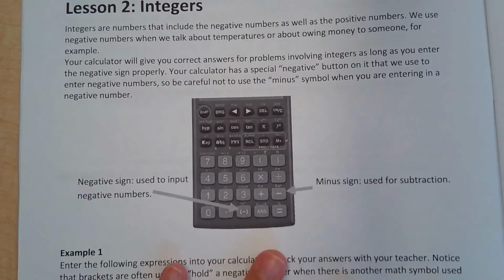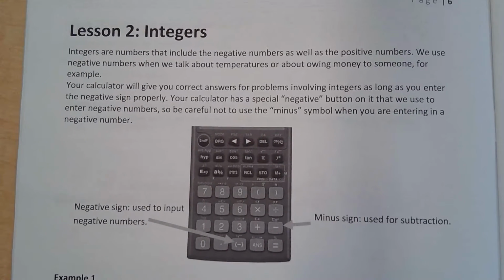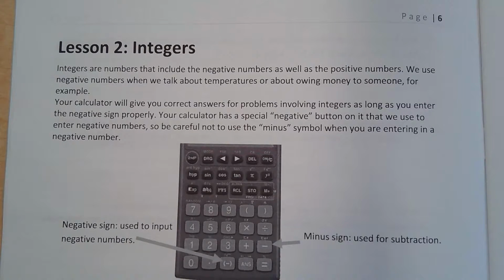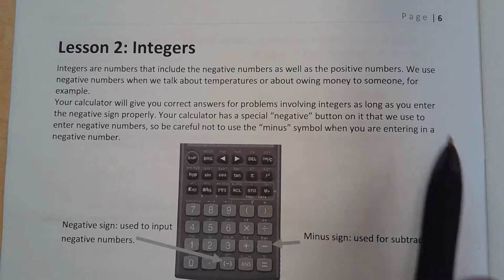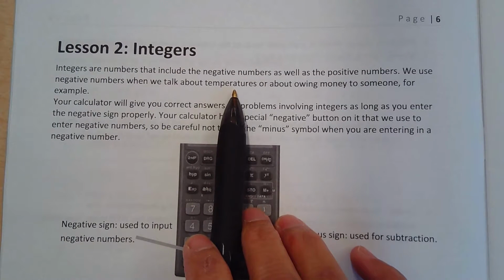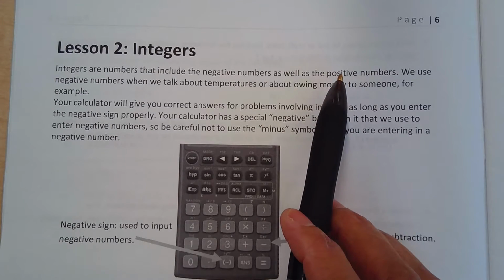Getting back to our booklet on page 6. It says here, integers are numbers that include negative numbers as well as positive numbers. So we talked about that already. We use negative numbers when we talk about temperatures or owing money to someone. So owing money is a negative.